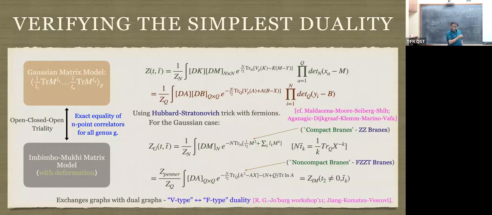So I can now do the K integral as well, and then I can integrate in now. Okay, so I can do this. I don't want to go into the details.